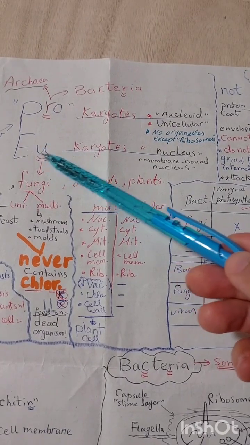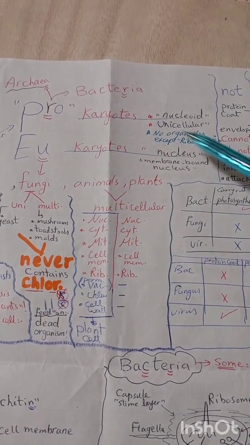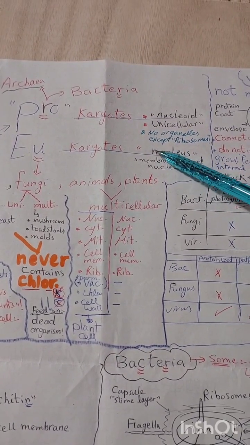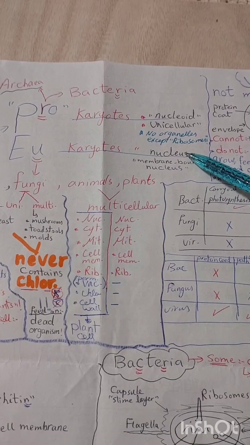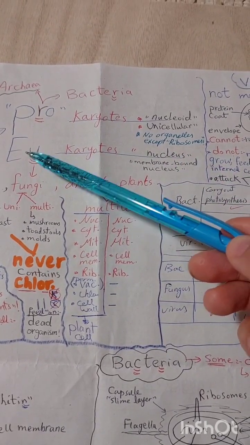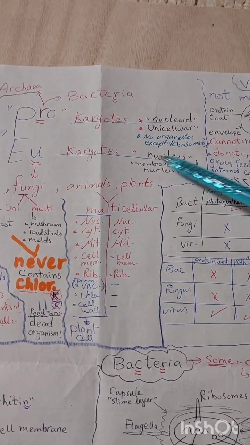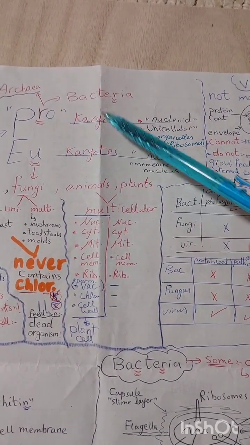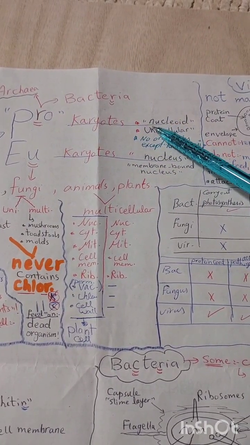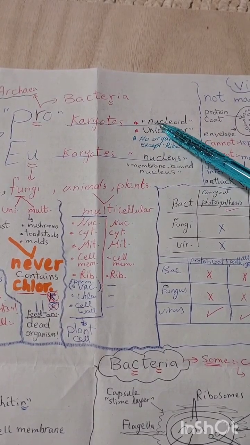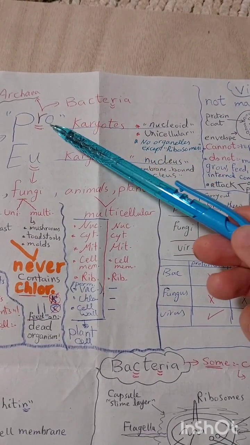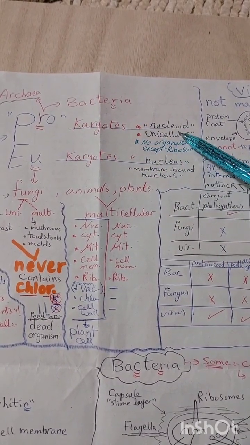Eukaryotes contain U, so the word nucleus has a double U. The first U here for new, and then the second new for U. Eukaryotes, nucleus, but for prokaryotes, bacteria, no double U. So it's only one U, nucleoid, only one U. So eukaryotes contain nucleus, but prokaryotes contain nucleoid.